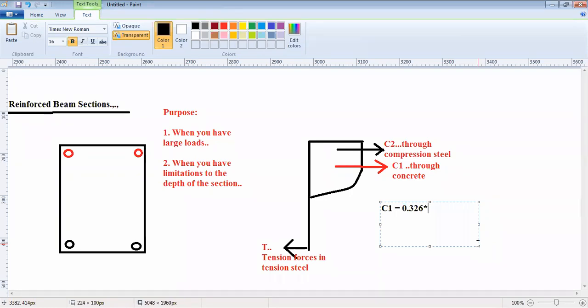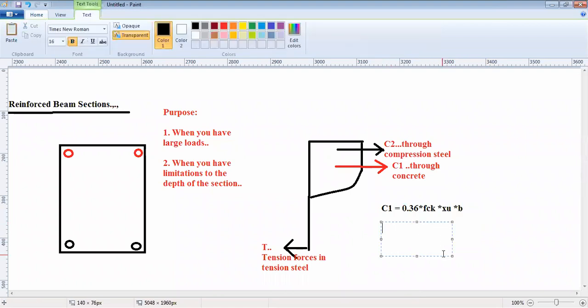Just recall, into fck into xu into b. It is 0.36.